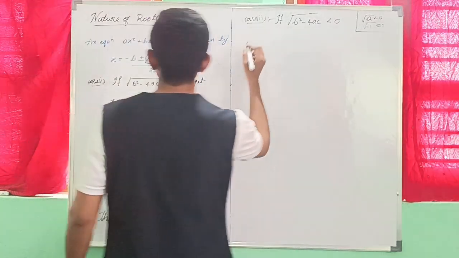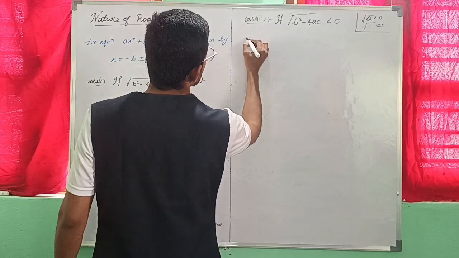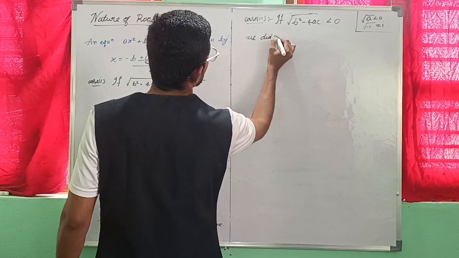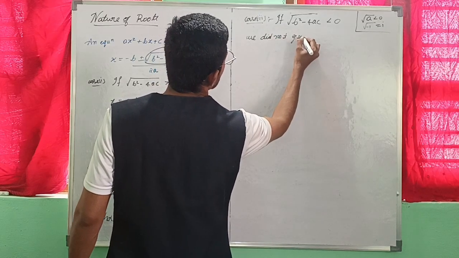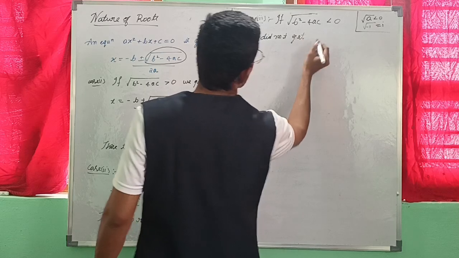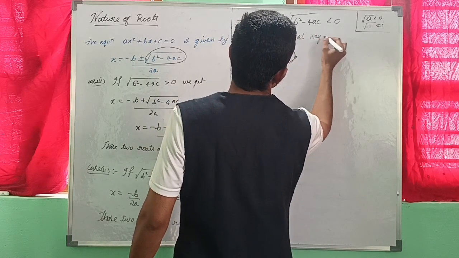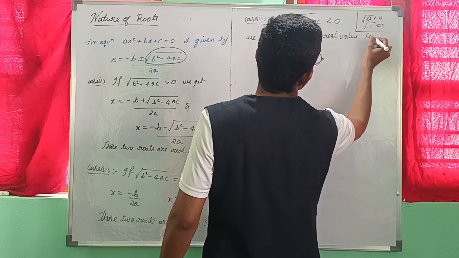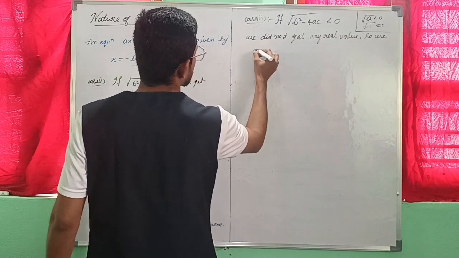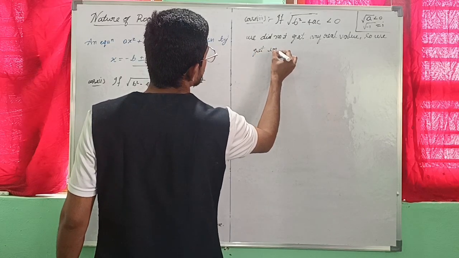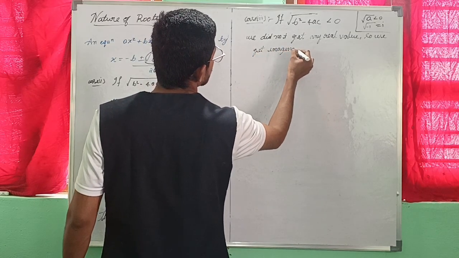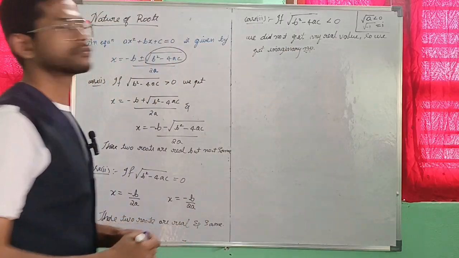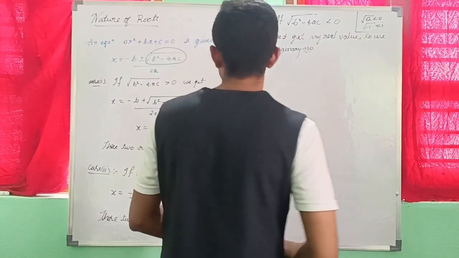So if root of b square minus 4ac is less than 0, then we do not get any real value, so we get an imaginary number, an imaginary value. Do you understand?